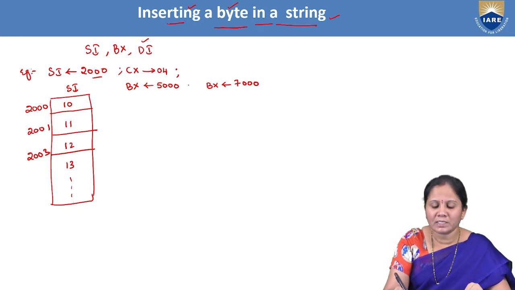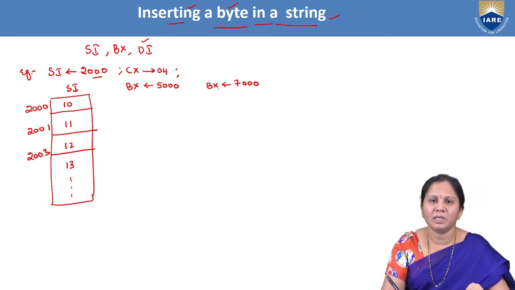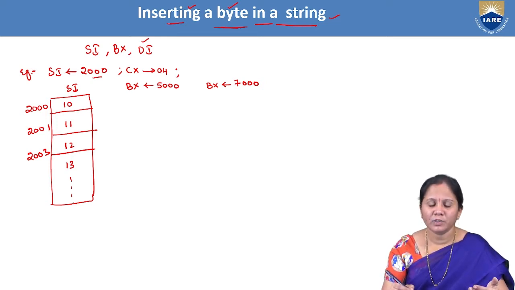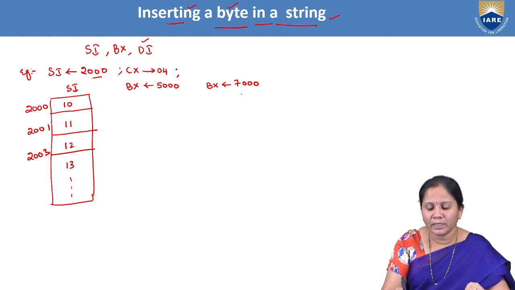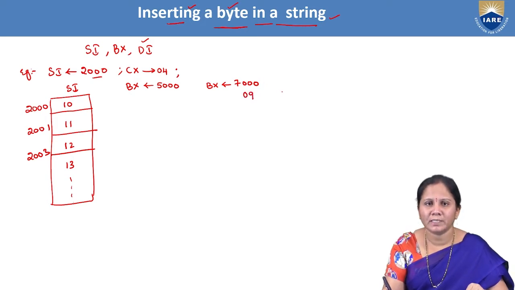Why are we using the same BX register 2 times? Because while considering strings here, we should take only 3 registers, that is SI, BX and DI. So here BX is 5000 we have taken, and here 7000 we have taken. In the 7000 we can give one input which is of byte size. Let us consider here 09.